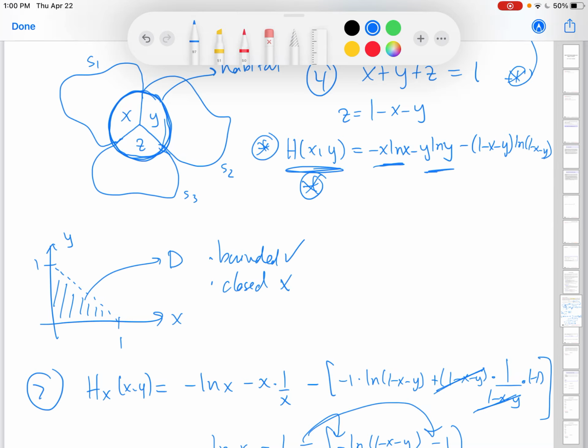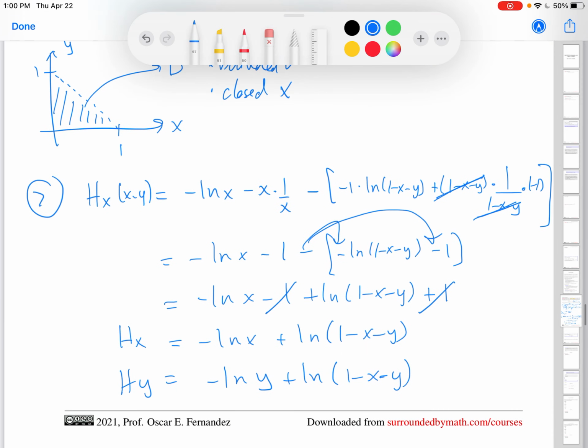Variable times ln of the variable, both of them with a negative sign in front. And then over here, x and y appear in exactly the same way, and they're separated. They're not multiplying each other, they're not dividing each other. For all of those reasons, we can basically go back to this calculation and replace all the x's we see everywhere with the y's, swap x and y, and it will yield our partial derivative down here.